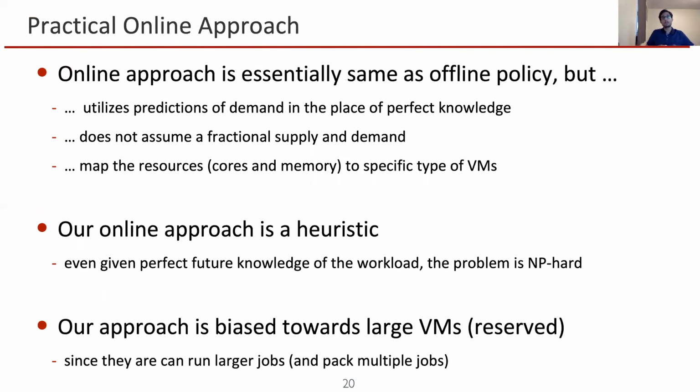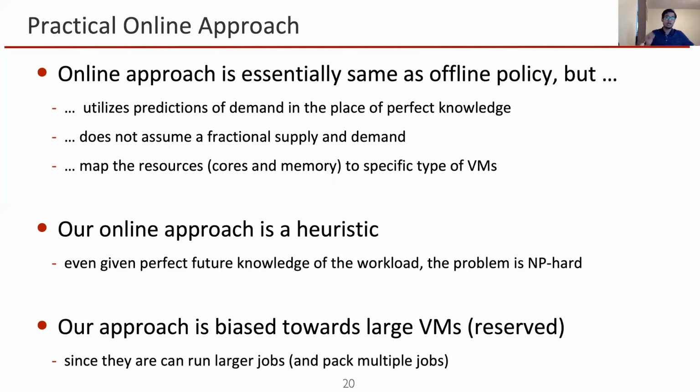Next, let's talk about our practical approach, as our offline approach is highly ideal and it's not realistic in the real world. Our practical approach is similar to the offline policy, but there are two key differences: we utilize predictions in place of assuming perfect knowledge, and we don't assume fractional supply and demand, where we map the jobs to a specific type of VMs, taking their requirements into account.